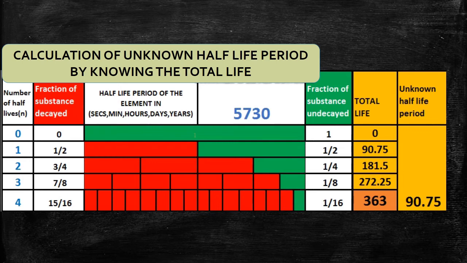You will get the respective total lifetime for decay or for undecay. Here, this is the time taken for both decay as well as for undecay. Are you clear? For example, in this particular element, the time taken for 7/8 of the element to decay takes 17,190 years.